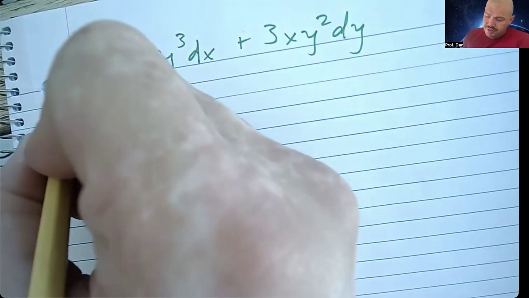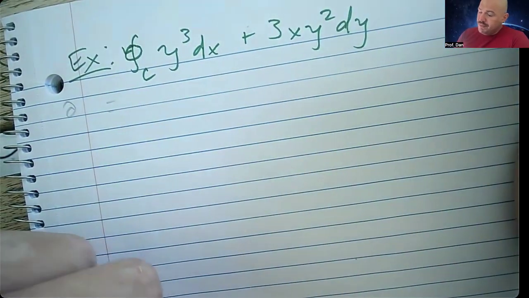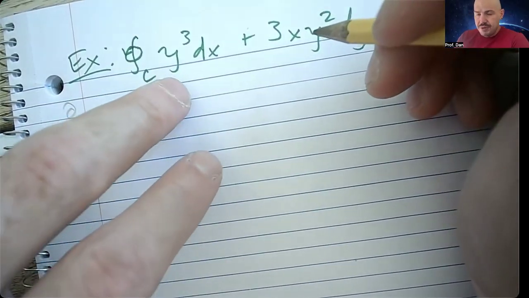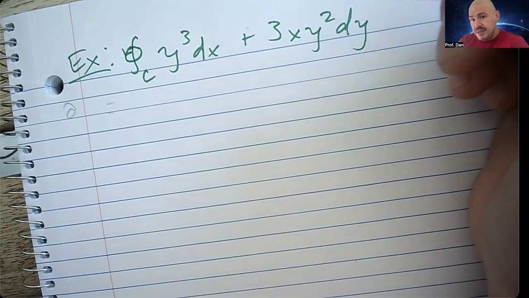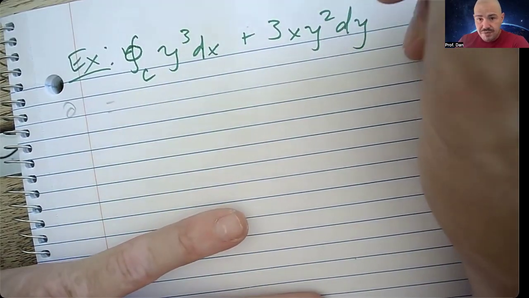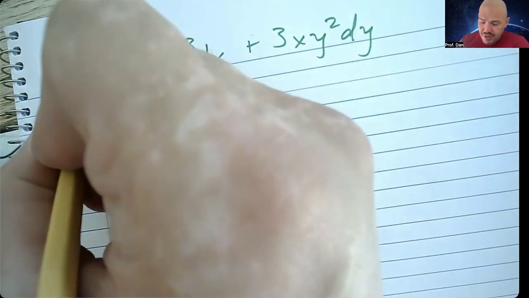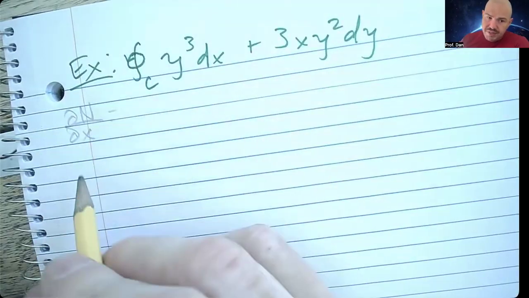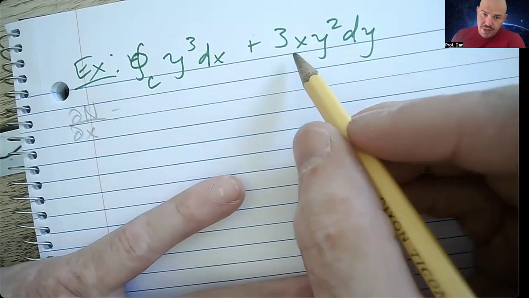All right, but before we do that, we want to look at these partial derivatives. So first off, if this is a conservative vector field, what are we going to notice about the partial derivatives? If it works out the same way that it did when we were looking at vector notation, then we would expect to get the same thing for each partial derivative. So if I start off with my partial with respect to x of N, I'm going to look at the dy piece.